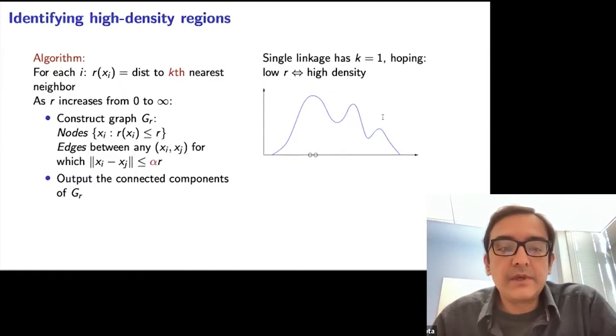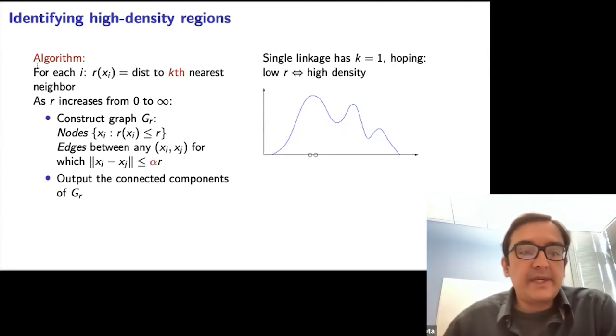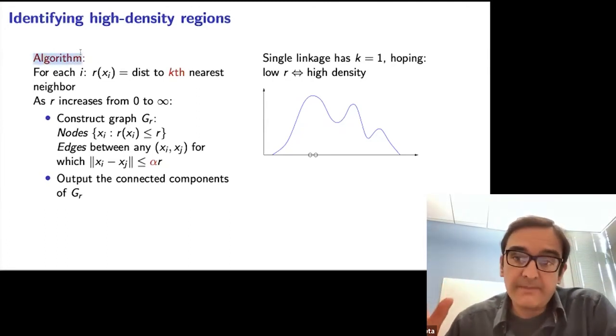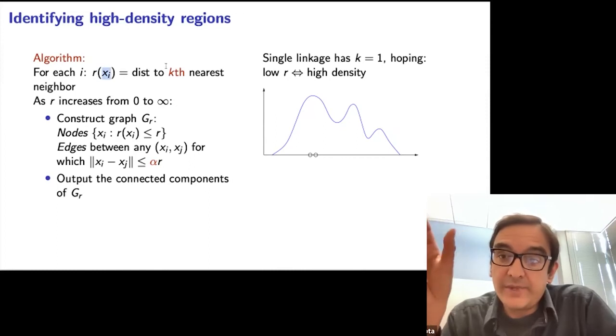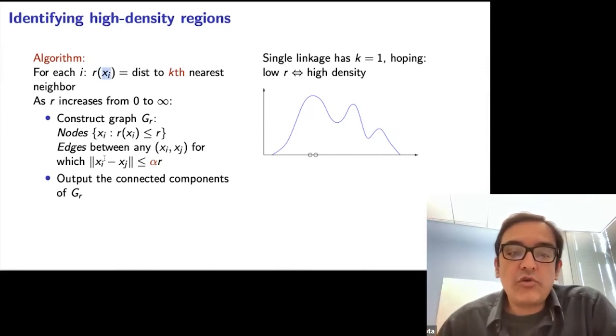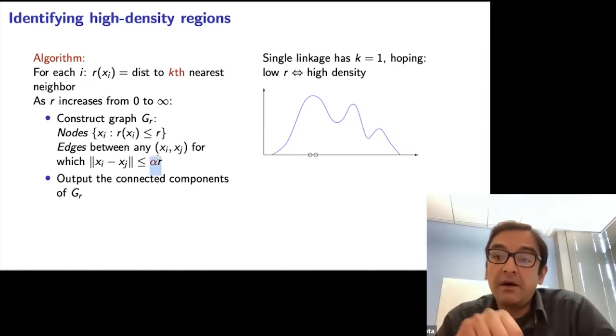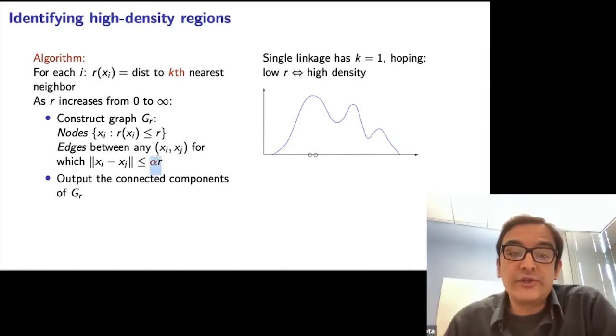So here's the algorithm again. This is the modified k-means algorithm. We turn this knob, and each point becomes activated when the knob hits the distance from the point to its k nearest neighbor. Then amongst all the activated points, we join up any two points whose interpoint distance is at most the current knob setting r times square root 2.